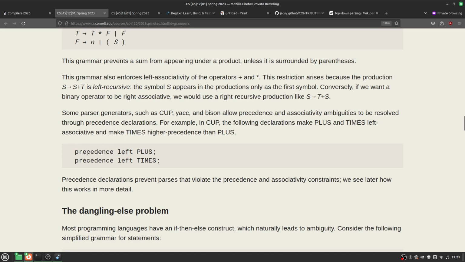Okay, so just defining precedence left plus, precedence left times, I guess whichever one's the last defined takes the highest precedence. Precedence declarations prevent parsers that violate the precedence and associativity constraints. We see later how this works in more detail.